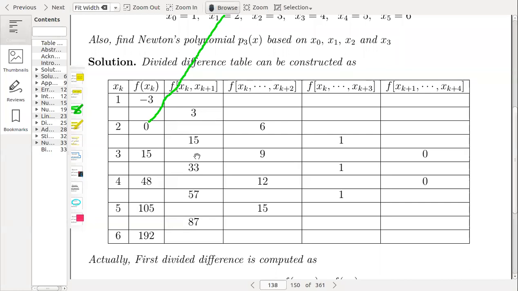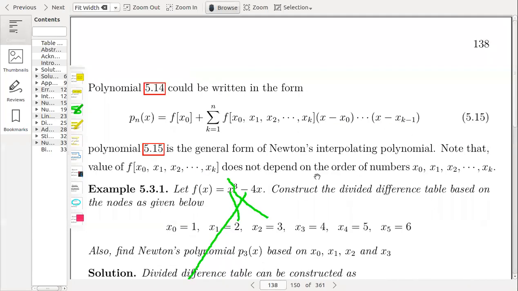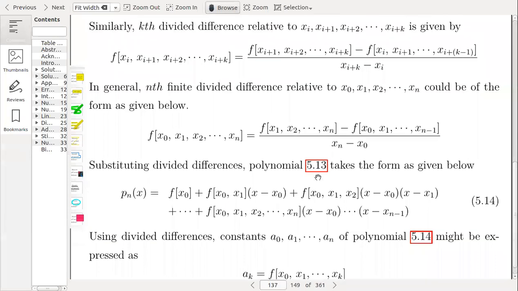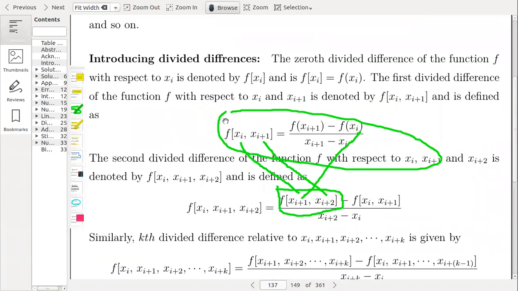Now you need to calculate the value of the first divided difference. So just go back to the definition of first divided difference. So how you will calculate it: f of xi plus 1 minus f of xi divided by xi plus 1 minus xi.